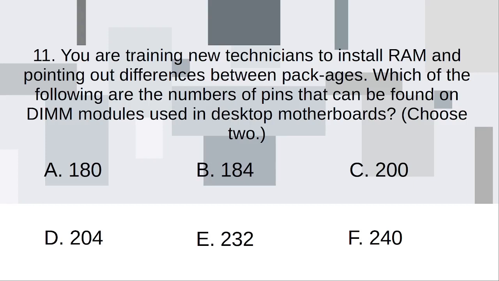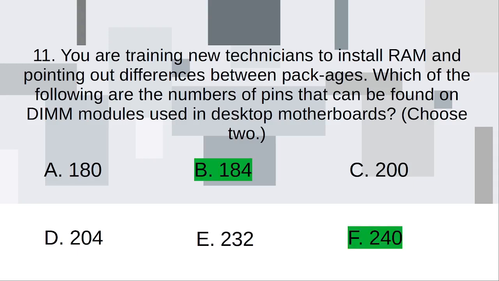Choose 2. You have A, 180, B, 184, C, 200, D, 204, E, 232, F, 240. I'll give you guys a couple seconds for that.